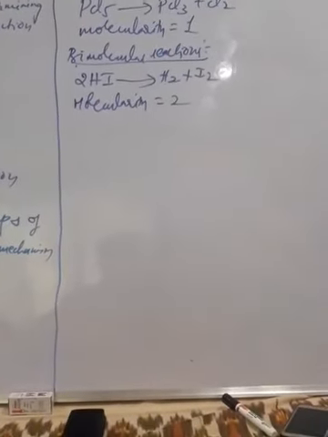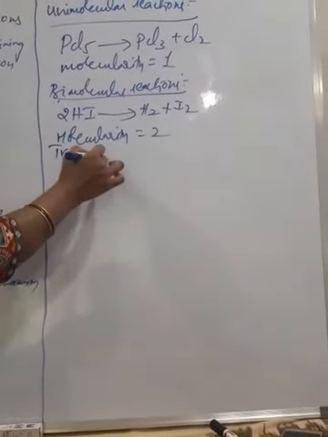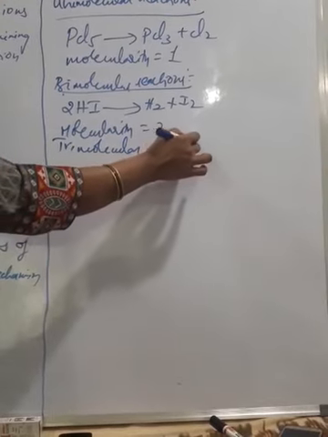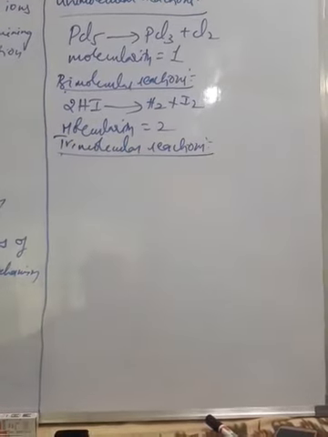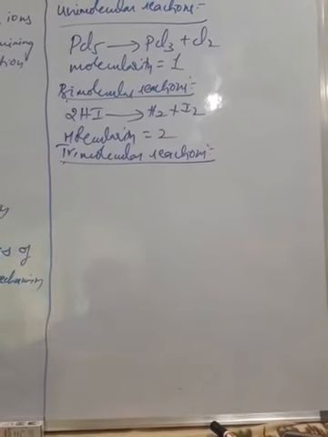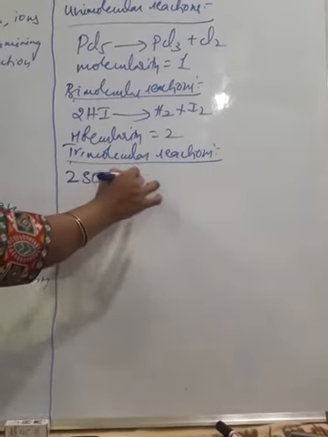Then coming to trimolecular reactions. In trimolecular reactions, 3 molecules are involved in the reaction. For example, sulfur trioxide preparation.